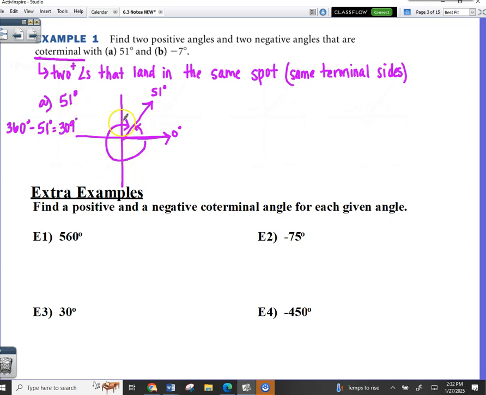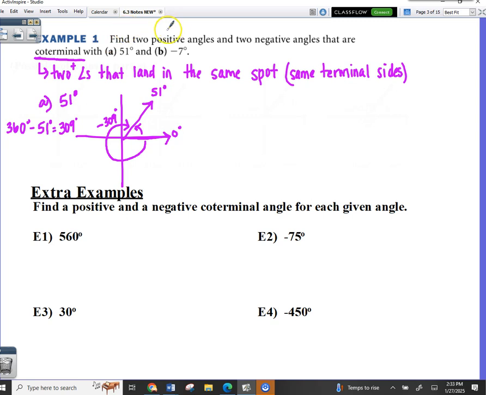Now we went this way, correct? So if we rotate this direction, should it be positive or negative? Negative. So negative 309 degrees would land you in the same spot.